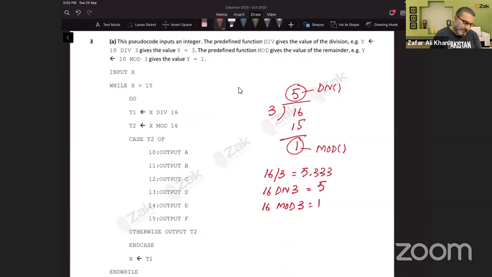So it says that this pseudocode inputs an integer. The predefined function div gives the value of the division.